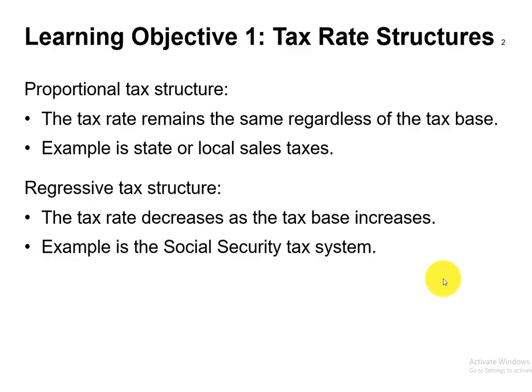On the other hand, your Social Security retirement income is based on your earnings, and it only considers up to a certain point. So there's a trade-off there. Most of the time, regressive tax structures are not a good thing. We generally don't see those happening.